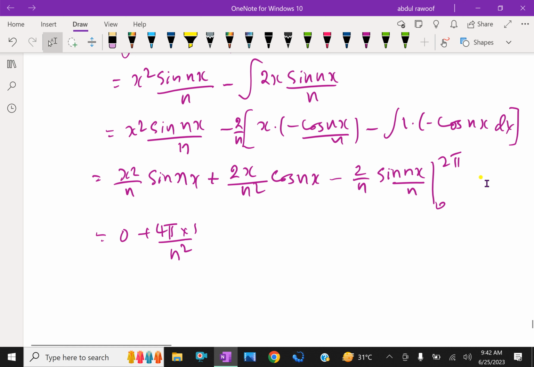The sine part is 2π times 0, which gives 4π by n².